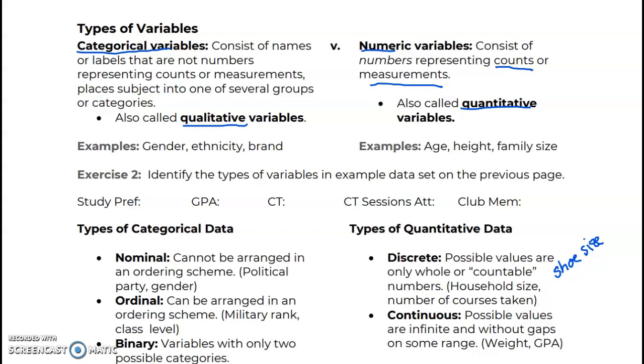Compare that with continuous data, which is really a measurement on a continuous scale where we can get more and more accurate if we just have a better measurement instrument. So the possible values are infinite. There are no gaps between, such as weight, GPA, anything we measure.